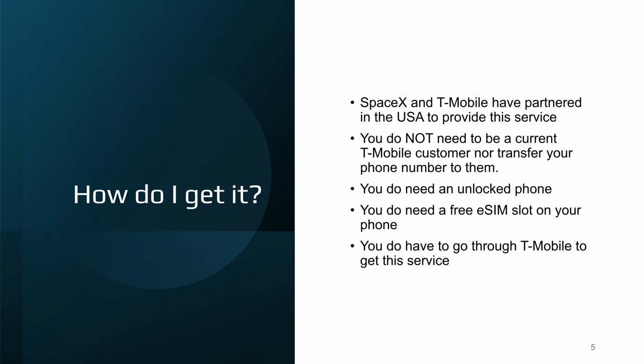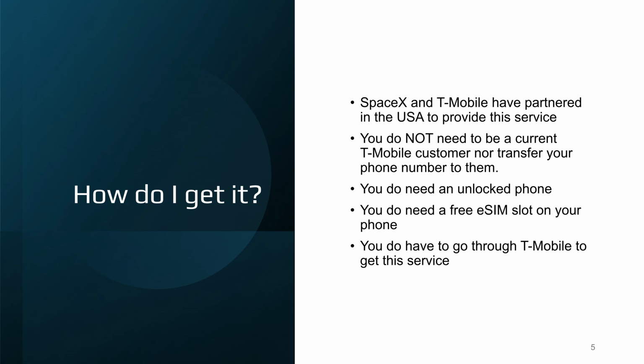You do need to have an unlocked phone, right? So a lot of times if you're under contract through Verizon or AT&T, sometimes they will lock your phone so that you can't go get service through another carrier. So just make sure your phone's unlocked.